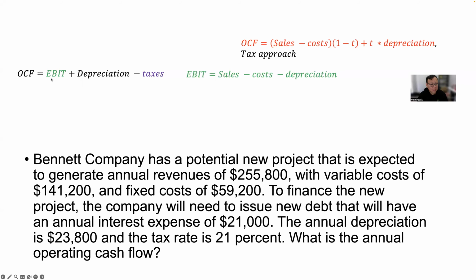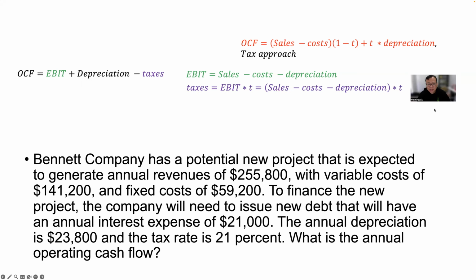So what is the EBIT? EBIT equals sales minus costs and minus depreciation. Again, this cost does not include any non-cash items. So that's the EBIT. And what are the taxes?